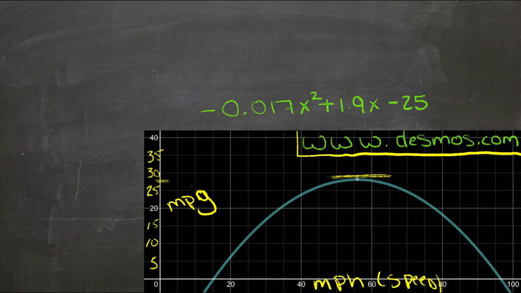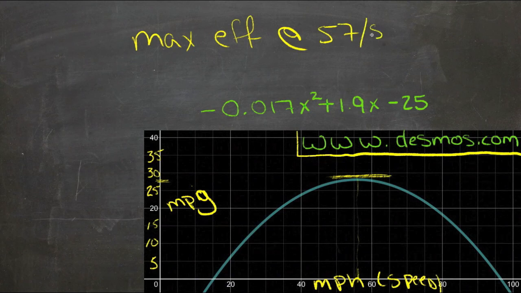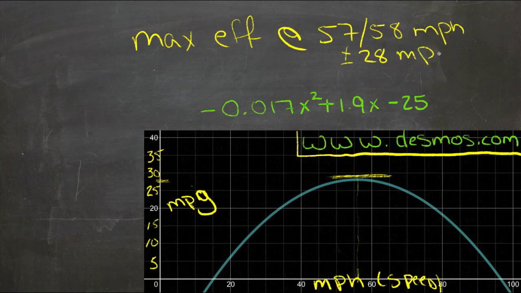And at that maximum point, speed is 50, 55, so about 57 or 58 miles per hour. So the maximum efficiency is at 57 or 58 miles per hour when we get about 28, give or take, miles per gallon.